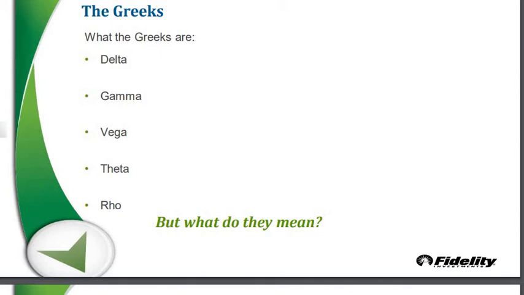Theta is going to tell you how much you are going to lose on a daily basis, or till expiry. So if you bought a 30 rupee call option, and if theta is 1 rupee, then of course you're going to lose 1 rupee every day if your stock is not moving either way, correct? Then if the stock is at the same place at the end of 1 month, you're going to lose the entire capital. So that is what theta is all about.